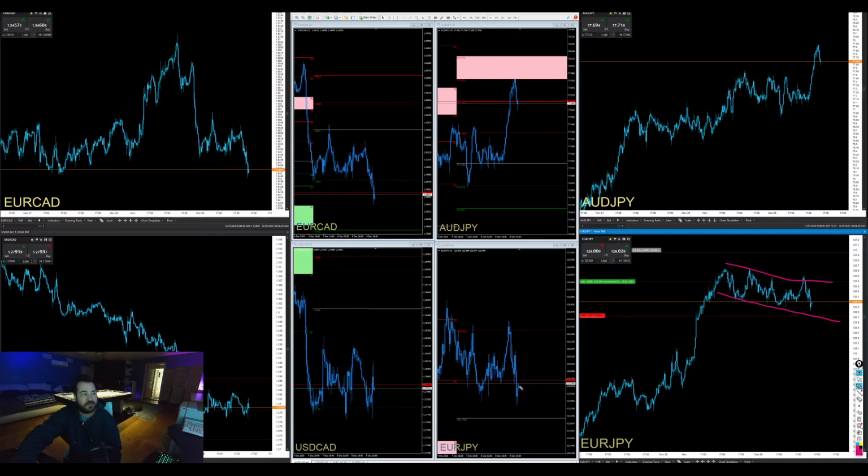Still need the central pivot though. Been a tough trading week. A lot of promising setups, and it just ended up becoming consolidation.